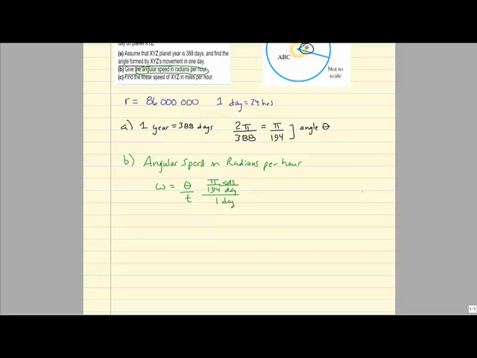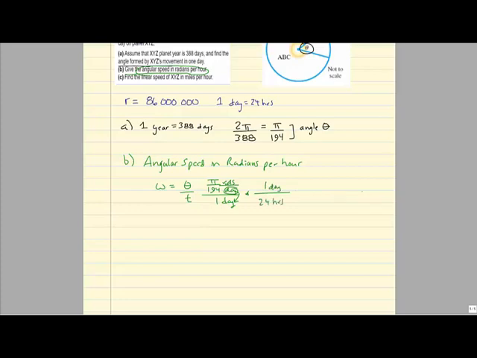Okay, now usually I just think about this day as being in that denominator. Now we want to figure out what's happening in radians per hour. So in 1 day, I have to think about how many hours that I have going on. So in one day, for this particular planet, it says that it is 24 hours in one day. So I could just take one day is equal to 24 hours.